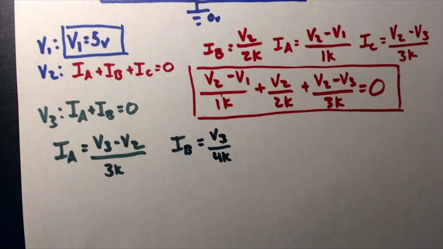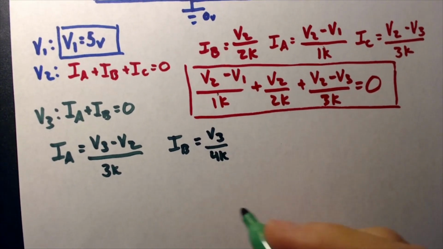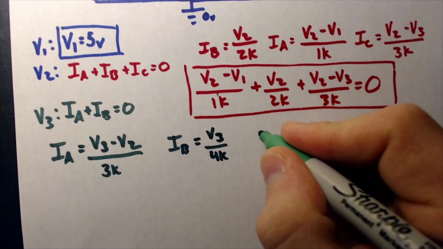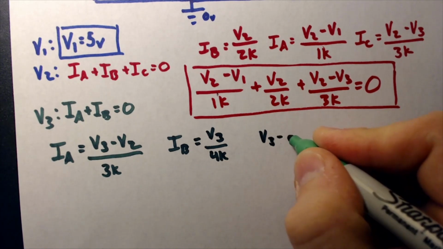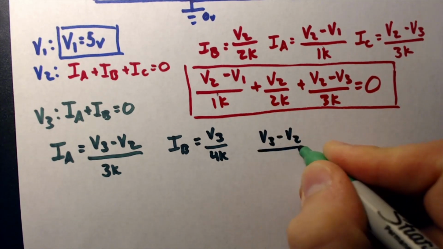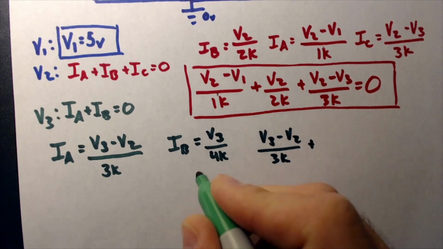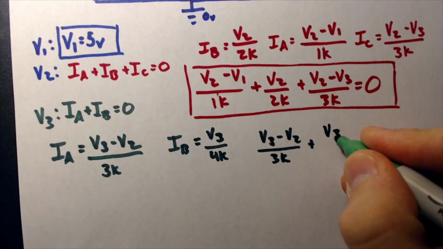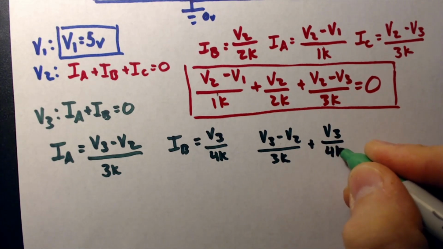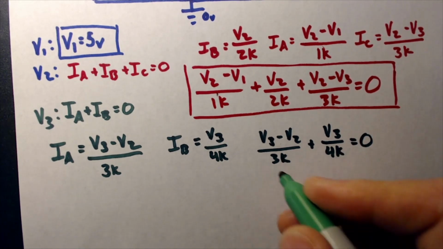Okay, so let's go ahead and plug all of that back in. V3 minus V2 divided by 3K plus, for IB, V3 divided by 4K, all of this equal to 0.